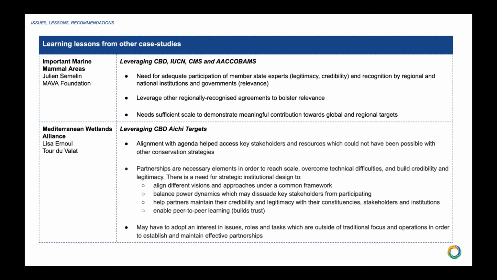And that encourages them to stay with the partnership versus if their reputation was being eroded by being in that partnership. And these sorts of partnerships enable peer-to-peer learning, which also builds trust and strengthens the type of social license that you need to operate.